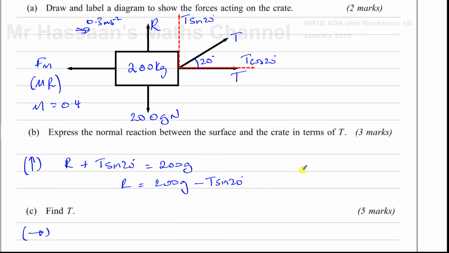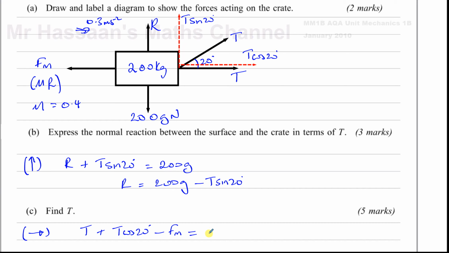Okay, so now, with that in mind, if we resolve horizontally, we can say the resultant force is T plus T cosine 20. These are two separate forces. Those are the forces pulling the object in this direction, by the tractor. And that's minus the force acting in the other direction, which is the friction, the maximum value of friction, F max.